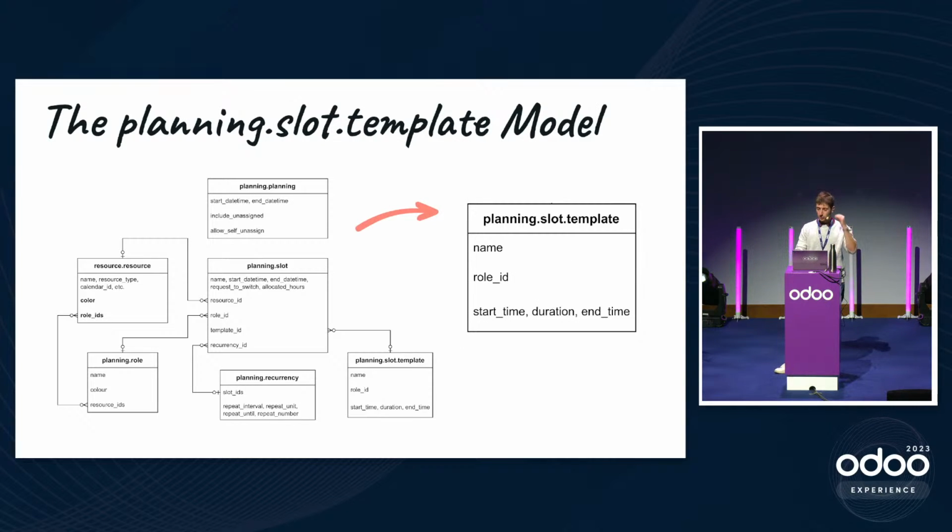Then the planning.slot.template model, it's basically planning shift templates that you can give your shifts during creating them. So they have a name field, they have a relational field pointing to the role for this specific shift, and they also have the temporal shift fields such as the start time, its duration, and the end time.